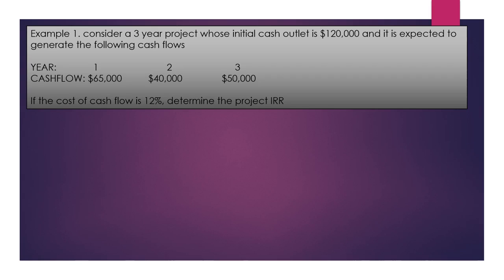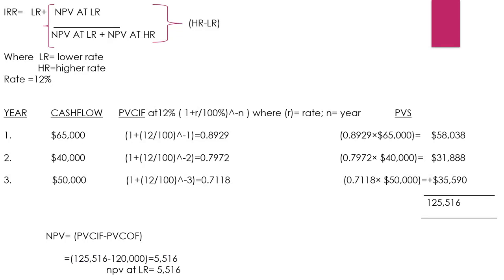So the cost of capital we are given is 12%. So we need to know the IRR. We say the formula is that IRR is equal to lower rate plus, you open a big bracket, NPV at lower rate, you divide it by NPV at lower rate plus NPV at higher rate.